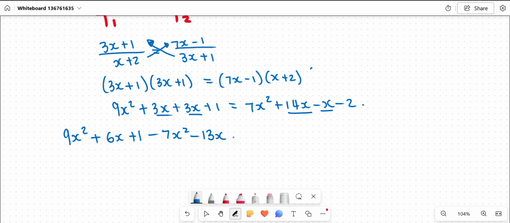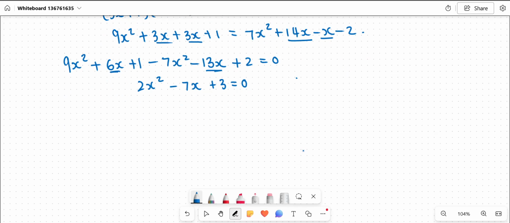The 2 will also go to the other side and become a positive 2. And this is where my 0 is. Collect your like terms. It's 2x squared. This minus that gives me negative 7x. And the 1 plus the 2 is 3. So we end up with this.